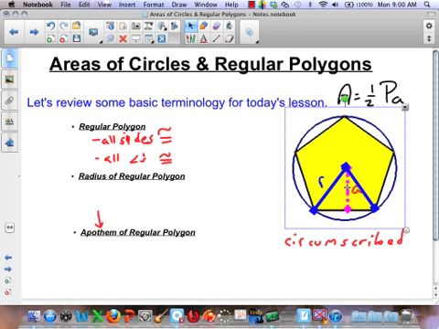Which means my apothem not only bisects the side, but it also bisects the vertex angle. Okay, so write that down. It bisects the vertex angle of the isosceles triangle. So we have this really weird formula, 1/2 PA. What do you think the P represents?